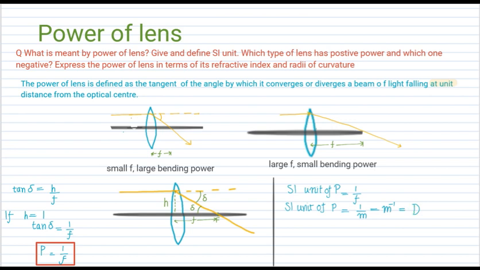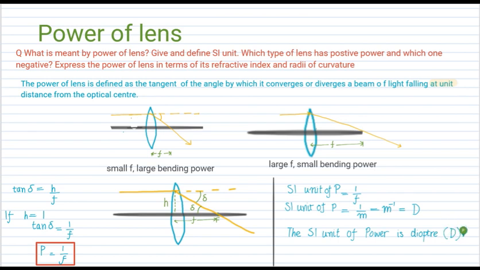Therefore, I can write the SI unit of power is the diopter, which is represented by capital D.